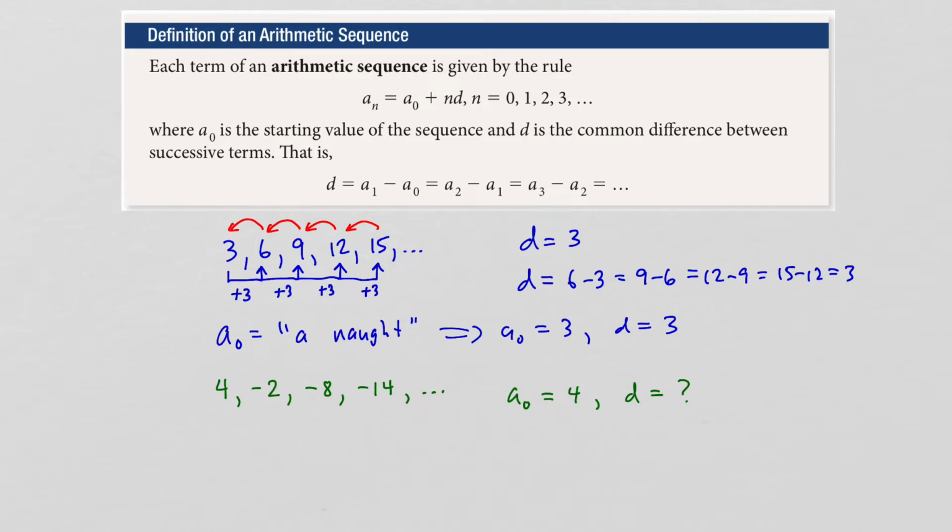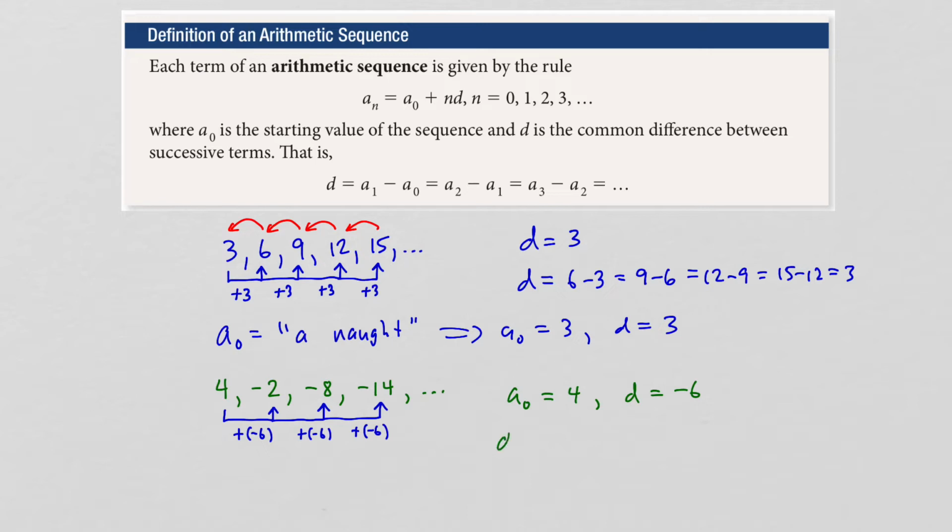One way to think of it is, what do I have to add to get from 4 to -2? Well, you have to add -6. And to get from -2 to -8, you would also have to add -6. And from -8 to -14, we would also add -6. So it appears the common difference here is -6.